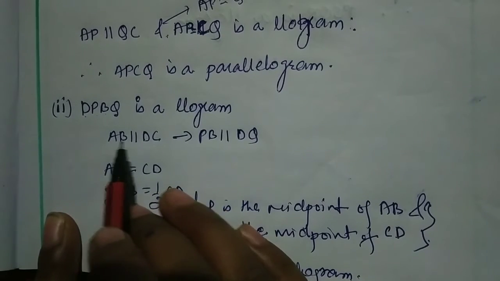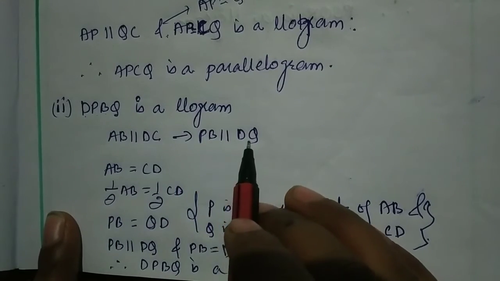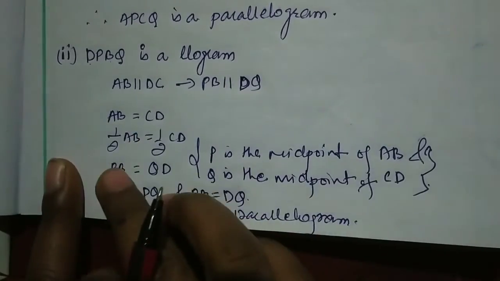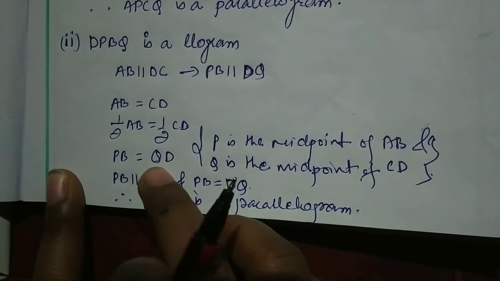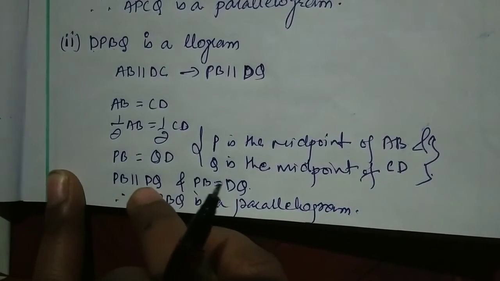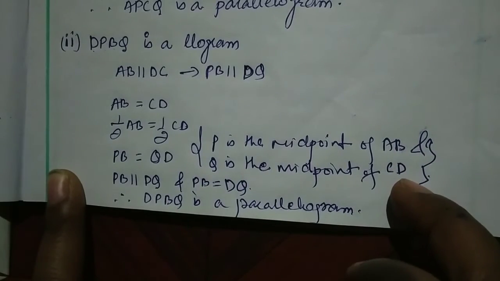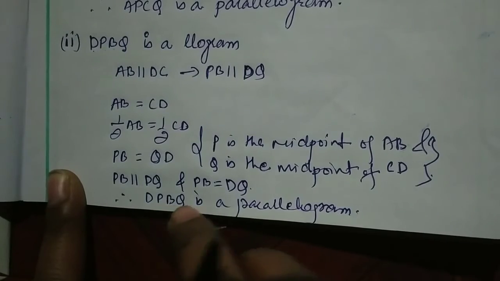So AB is parallel to DC, so we get PB parallel to DQ. Half of AB and half of CD, so PB equals QD and PB is parallel to QD, since P and Q are the midpoints of AB and CD. So at last we get DPBQ is a parallelogram.